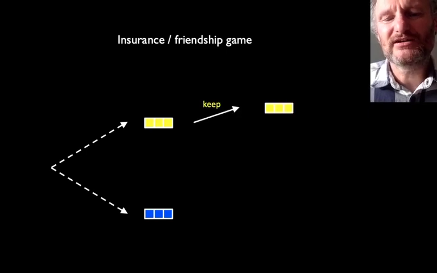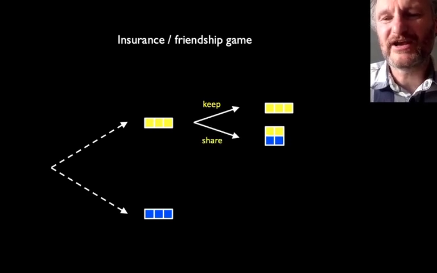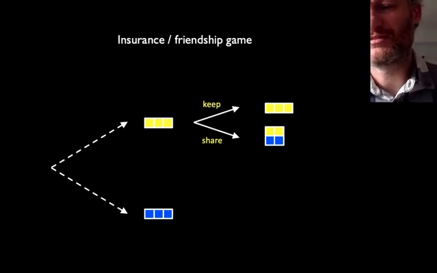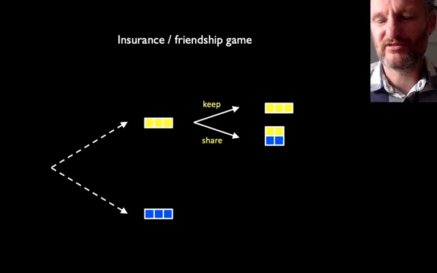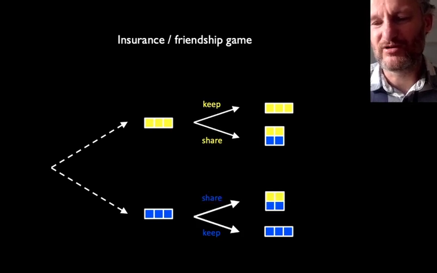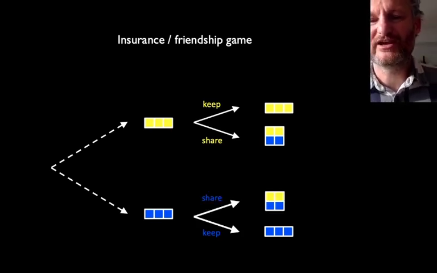Now the lucky one can choose to just keep the 3, or can choose to share, and then the idea is that if you have almost nothing, then getting something is much more valuable than it is costly to the person who has a lot to share. So if the lucky person shares, then both end up with a payoff or a fitness of 2. And that goes, of course, also for the mirror image. The lucky one can choose between keeping everything and sharing.